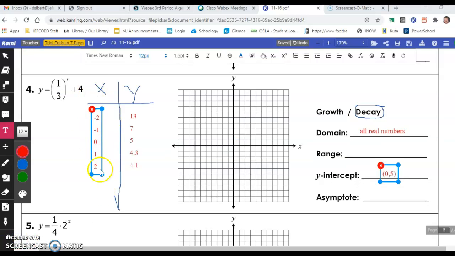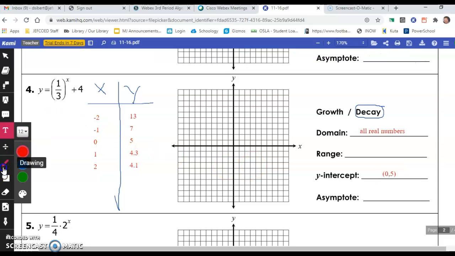So for my x values, we're going to continue to use -2, -1, 0, 1, and 2. When we substituted those into the equation, we got our answer. Make sure that you add 4 to it. We got 13, 7, 5, 4.3, and 4.1. Okay? We went ahead and put in the y-intercept, which is if my x is 0, it's always going to be that other number with it as an ordered pair.